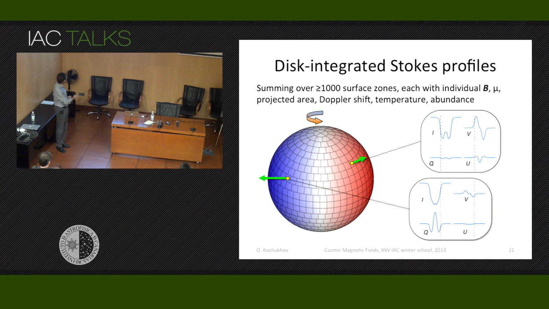So what is going on is that we should imagine the surface of the star divided into small areas. And in each of these areas, the magnitude and orientation of the magnetic field can be different. So like B pointing this way in this area and the other way here. And in addition to that, stars usually rotate, so there is an overall Doppler shift related to this rotation.